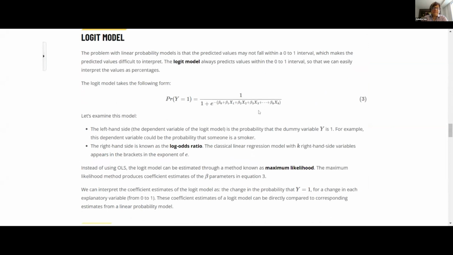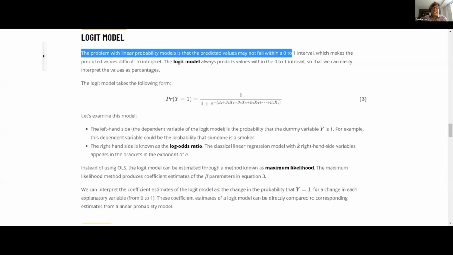So if your example is trying to understand why a person smokes, that is the probability of y being 1, you want to use a model like this as opposed to ordinary least squares, because theoretically speaking, when you do your predictions with ordinary least squares, they may not fall in the 0-1 interval, okay? And they have to, because you either smoke or you don't. Theoretically, we can demonstrate that.